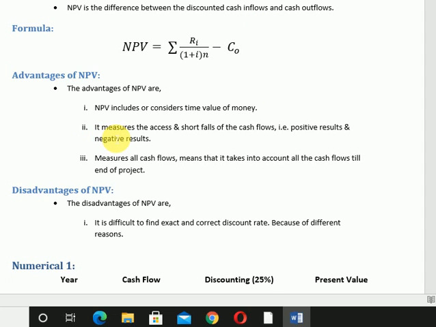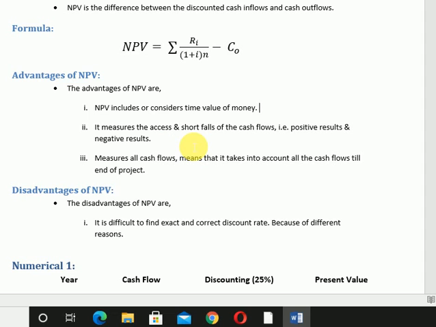Second advantage of the NPV, it measures the excess and shortfalls of the cash flows, positive results and negative results. It means that NPV calculates the excess as well as the shortfalls of the cash inflows.